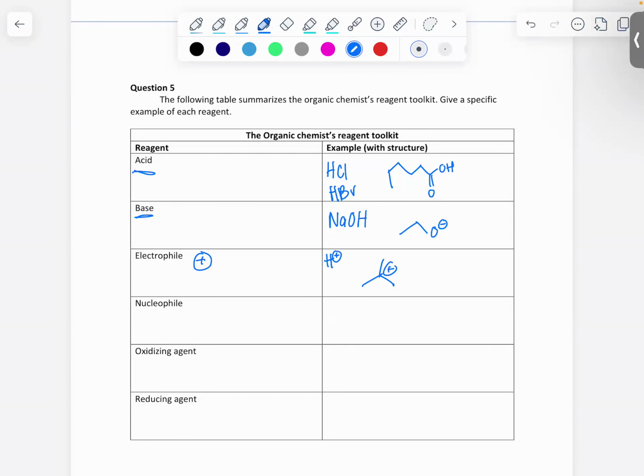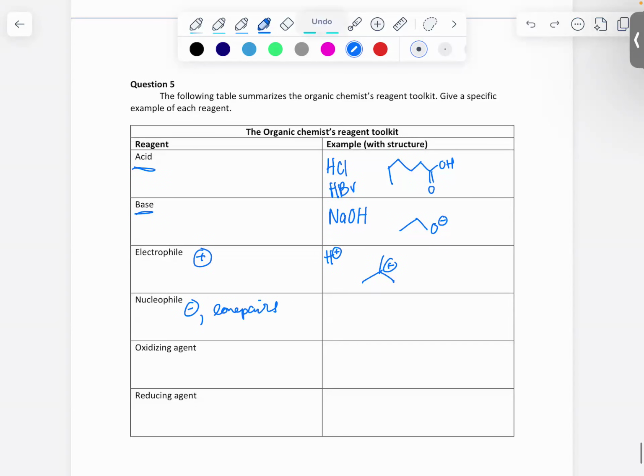Our nucleophile, often things with negative charges or lone pairs. And so for this, you can do really anything. There's a lot of options here.